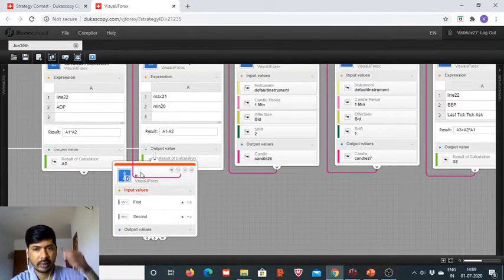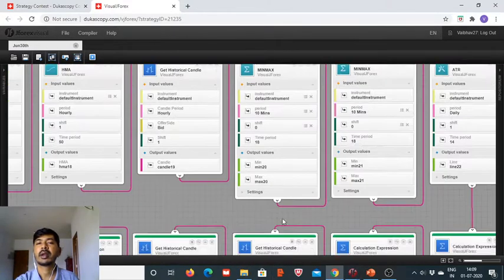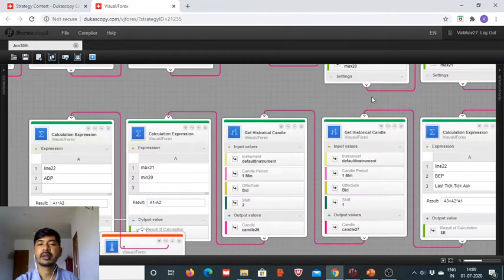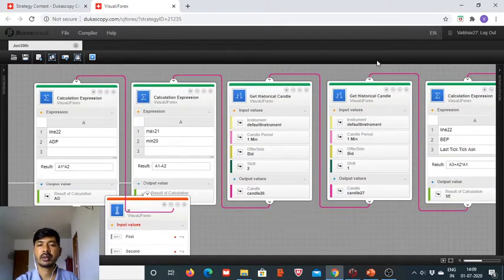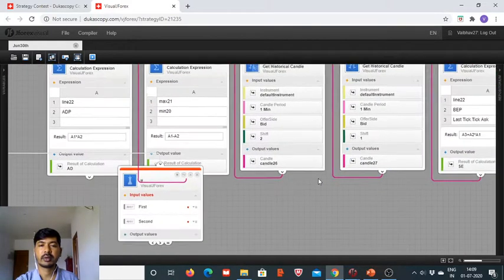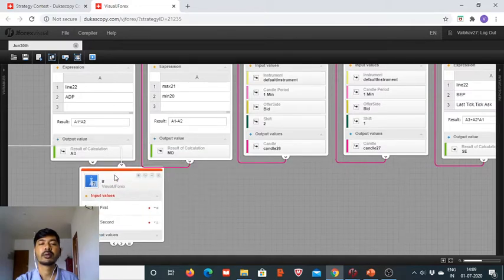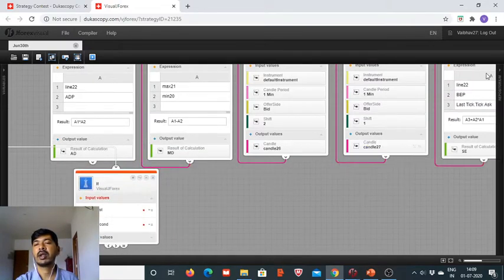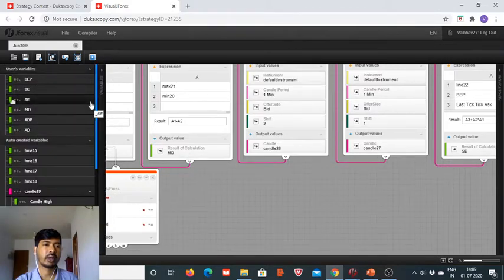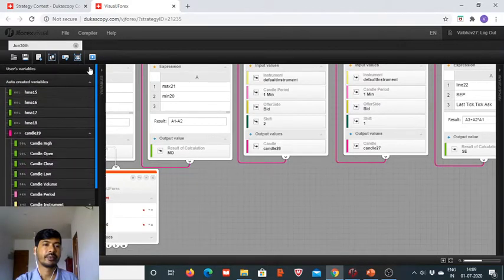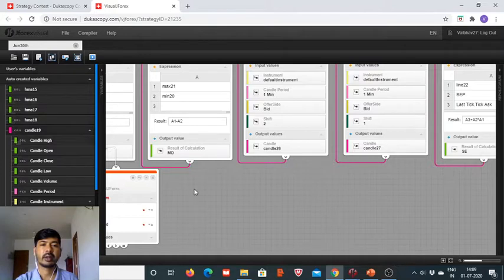So here the candle 27's close should be higher than candle 19's closing level, whereas candle 26 closing level should be less than the candle 19's closing level. So that is how it is going to be defined. And first let us take into account the candle 19's closing level.